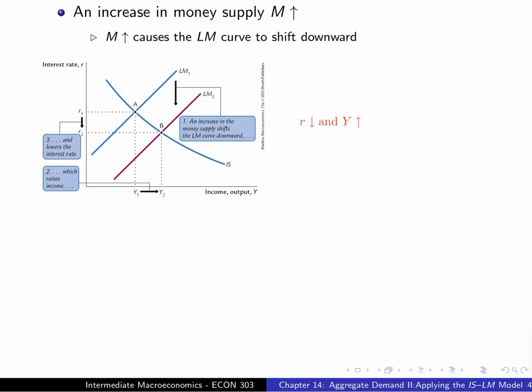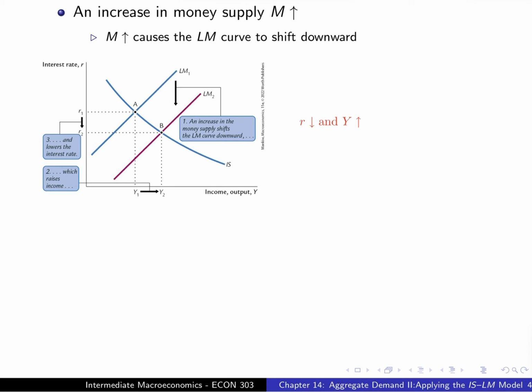Now we are examining how monetary policy affects the LM curve. 3. An increase in money supply. An increase in the money supply shifts the LM curve downward, or to the right. This is because more money in the economy reduces the interest rate required to equilibrate money demand with money supply.